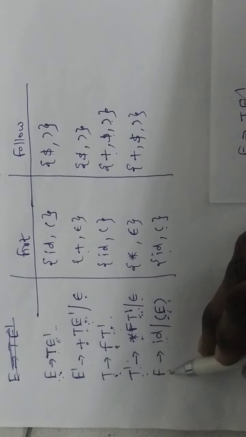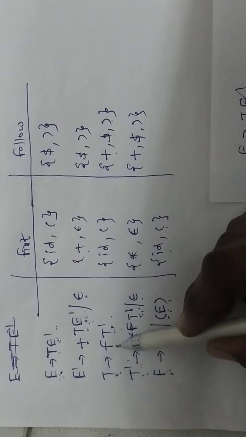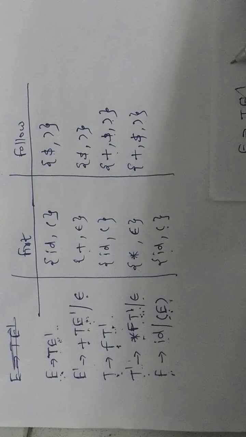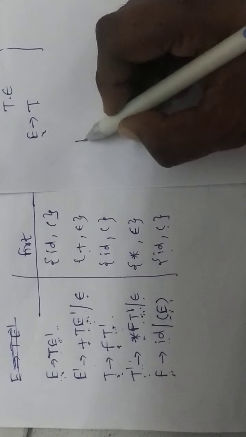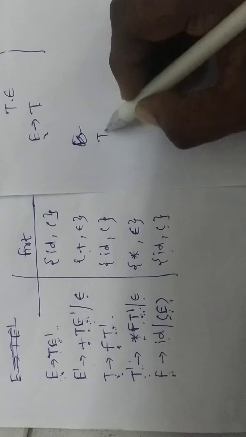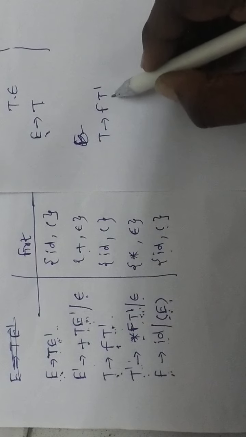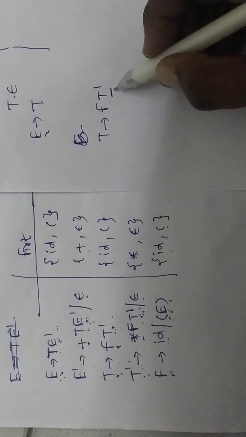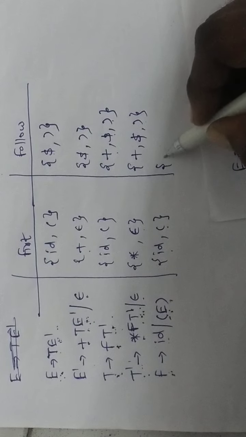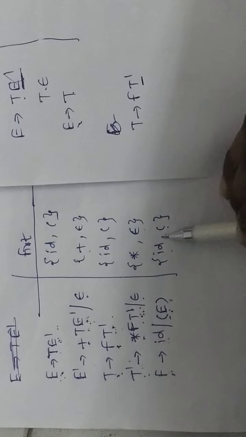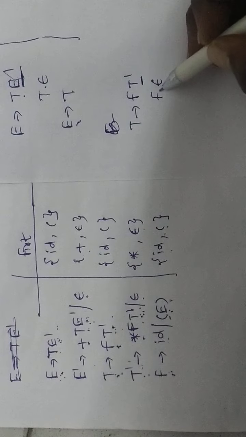Finally, the follow of F. F is existing here and here. This is the production where F is on the right hand side. Follow of F is T dash. Now you should look for the first of T dash. What is first of T dash? Star, comma, epsilon. We can take star here, and epsilon is also present here. So in place of T dash, we replace with epsilon.